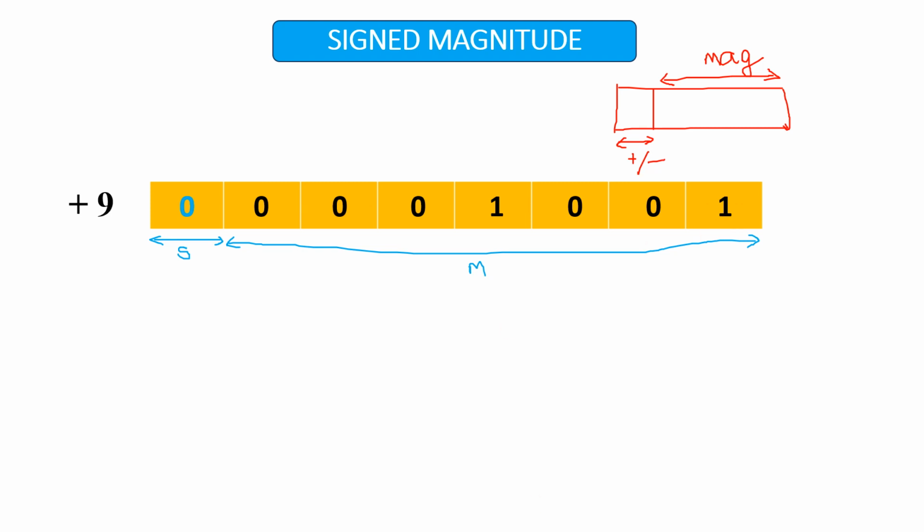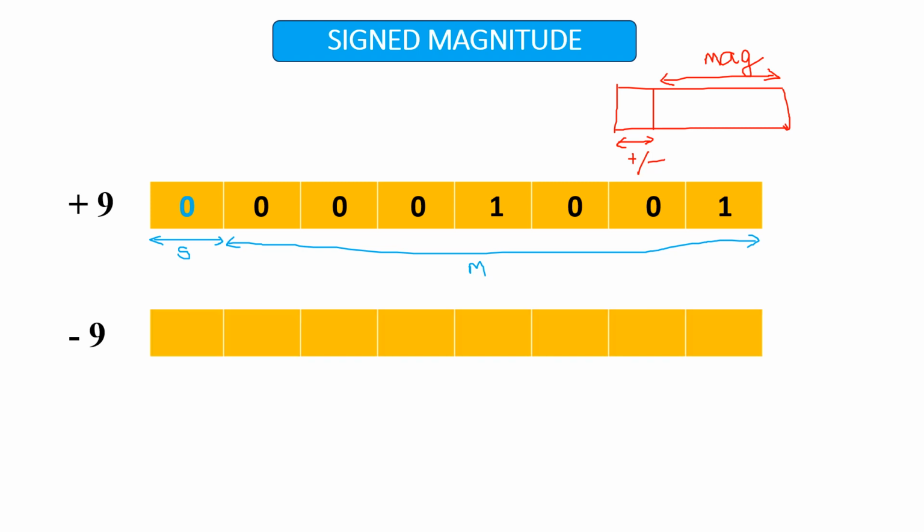Suppose you want to represent minus 9 in binary form using the signed magnitude method. 7 bits will be allotted for the magnitude and 1 bit for the sign.